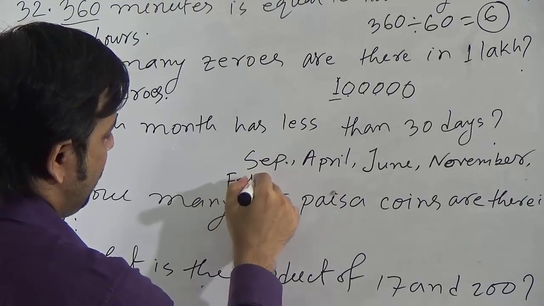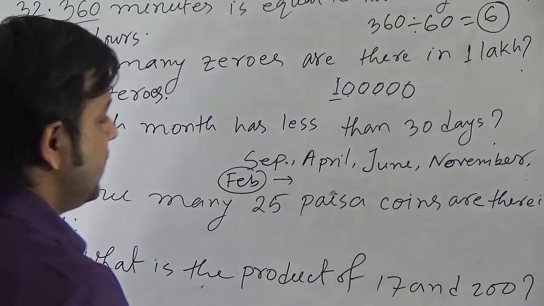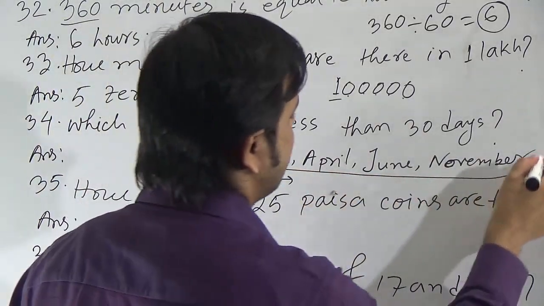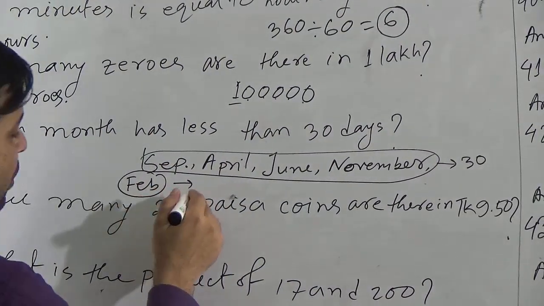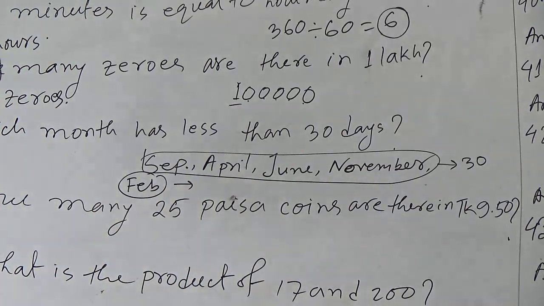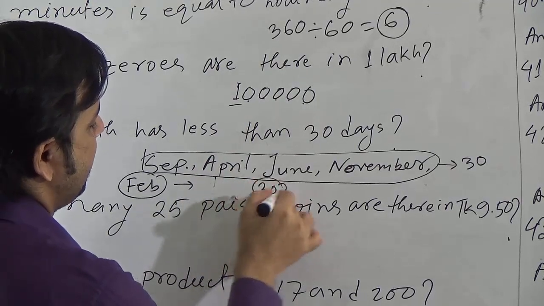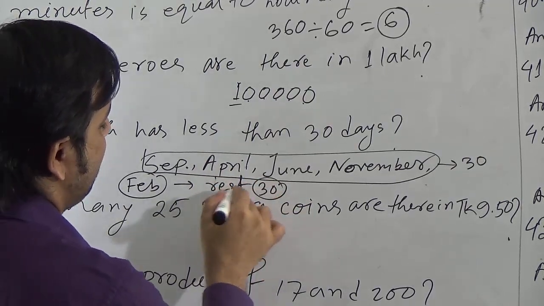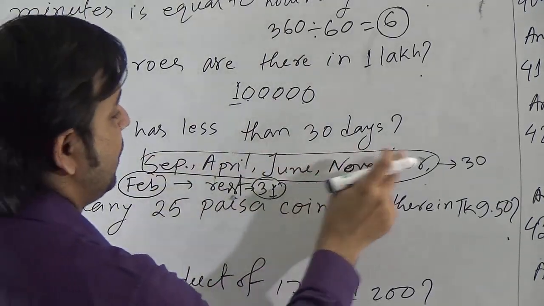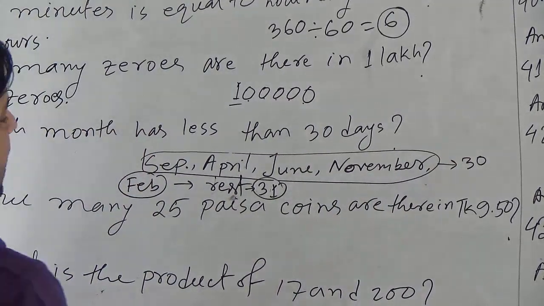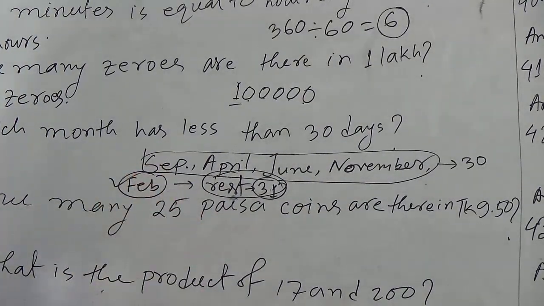So except February, all the months contain 31 days. These four months contain 30 days. From my poem I can say February contains less than 30 days and the rest of the months contain 31 days. 1, 2, 3, 4: these 4 months contain 30 days and 7 months contain 31 days.